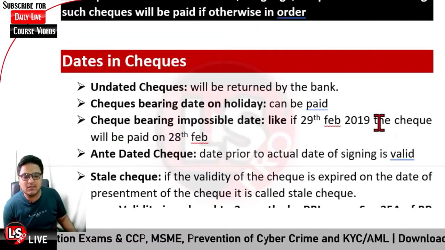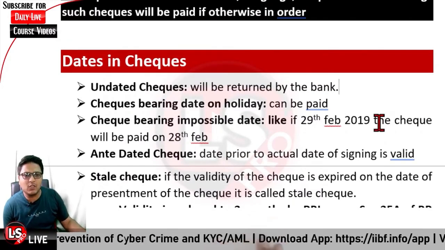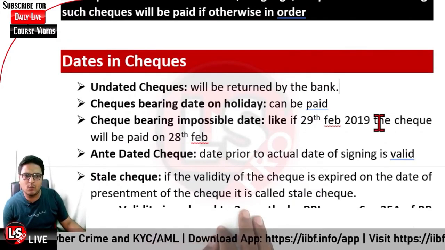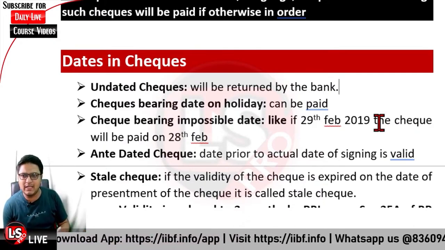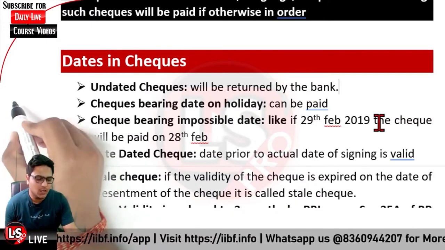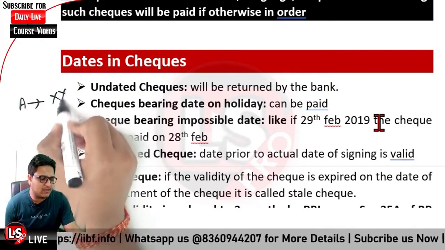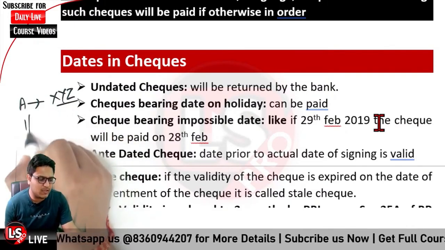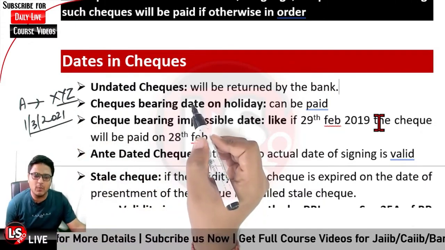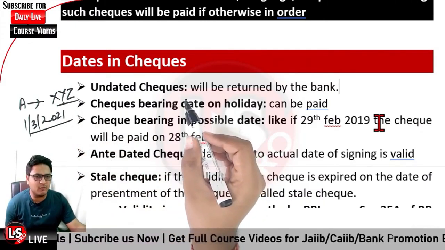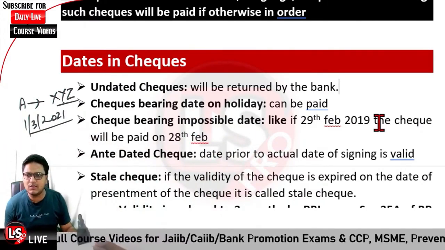And what is an antedated check? A check with a date prior to the actual date of signing is a valid check. Let me mention a case. Person A opened an account with XYZ bank on 1st of March 2021 and received the checkbook on the same day.